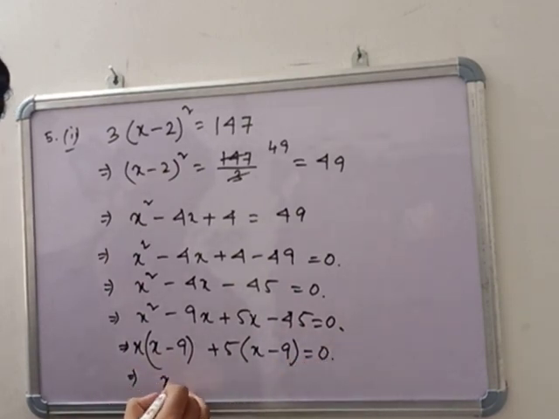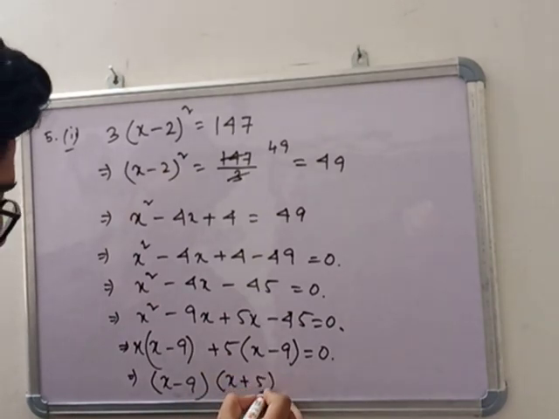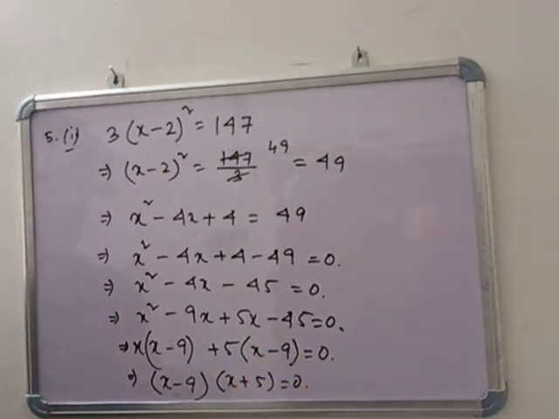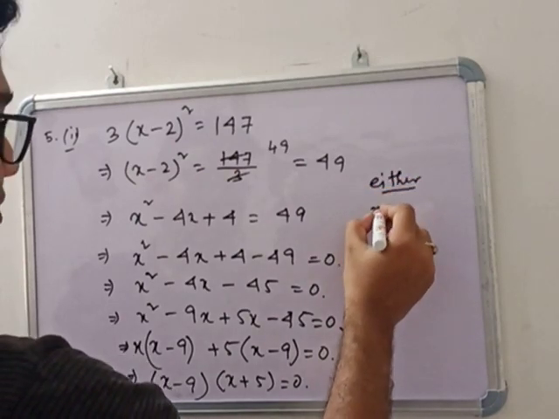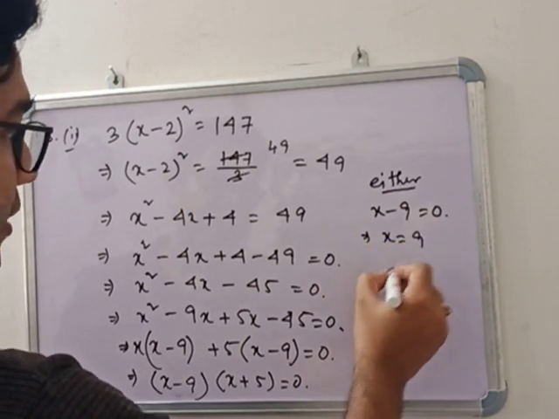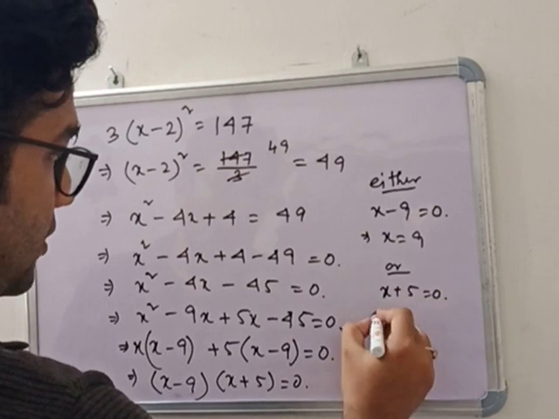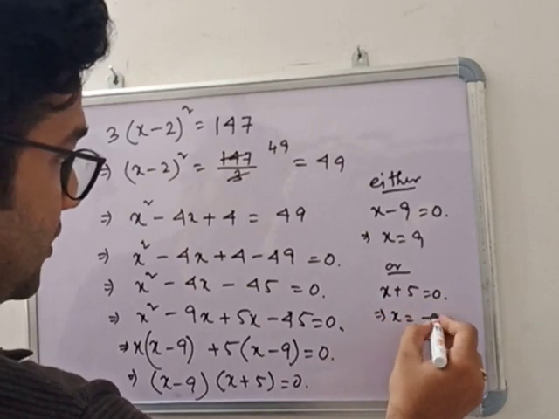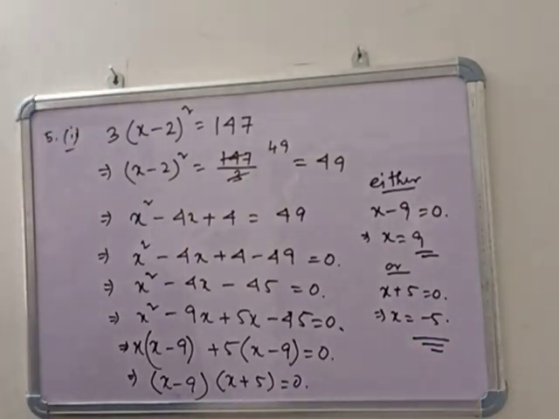That means x minus 9 and x plus 5 equals 0. So here we can write either x minus 9 equals 0, that implies x equals 9, or x plus 5 equals 0, that implies x equals minus 5. So the value of x is 9 and minus 5. Note it down, all of you.